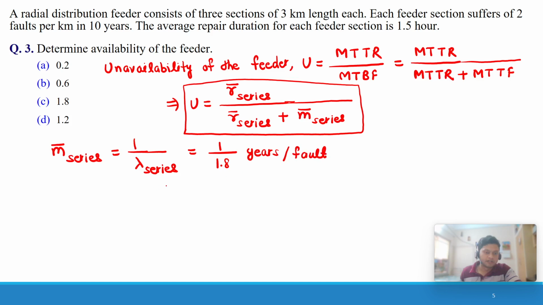Here we need to take care of the units, so we convert years into hours: 8760 divided by 1.8 hours per fault. So the mean time to failure comes out to this much.